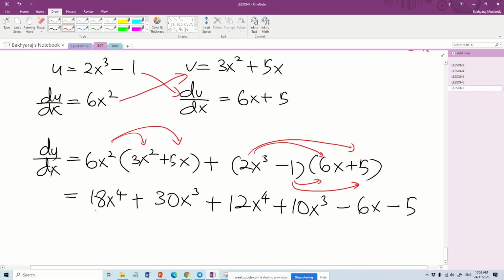So kita ada like term di sini, like term, this and this same term lah, x power of 4, x power of 4. So 18 plus 12 you get 30x power of 4.